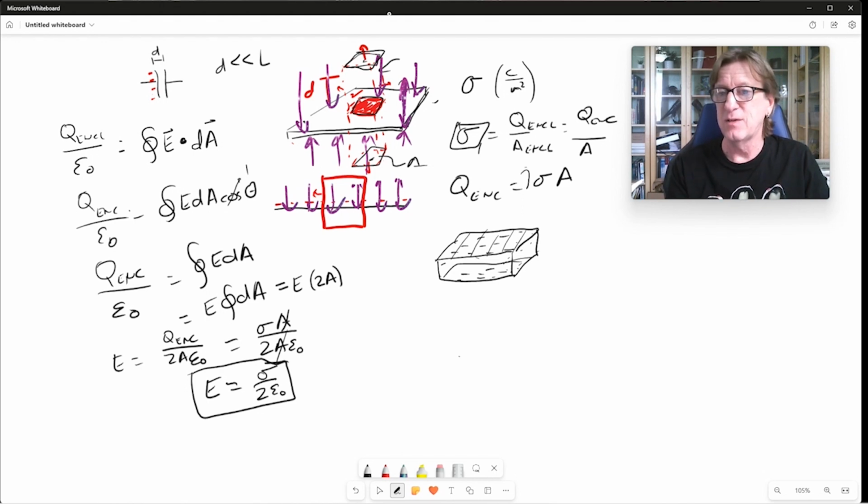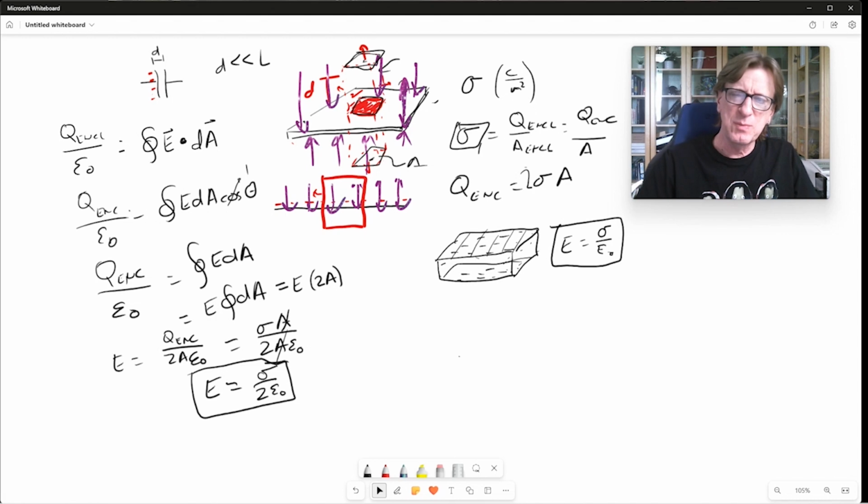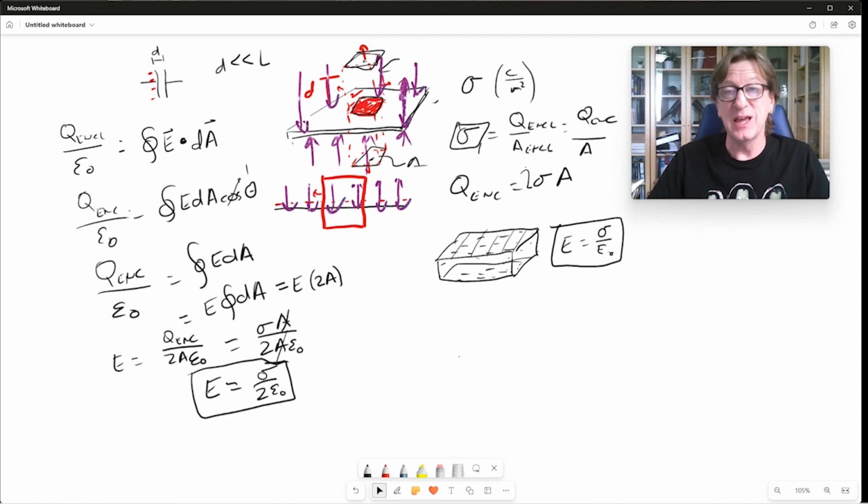I would have to have a 2 here, right? Because it's a thick plate now. And if you work back through the math, you're going to find that it works out very similarly, but now you're going to get something that looks like this, because that 2 is going to cancel. So that would be for a thick plate. Okay, my beef is this: I'm using an area charge density for something that actually should be a volume charge density.